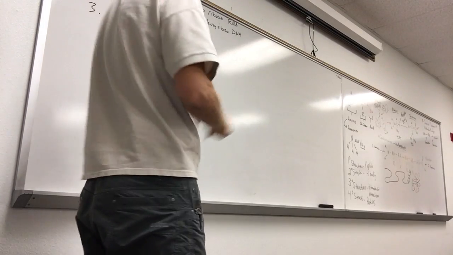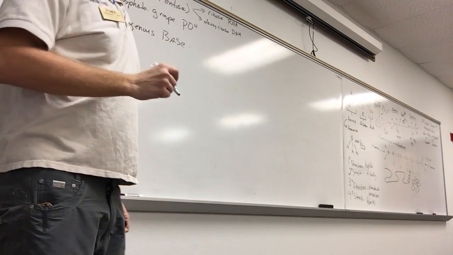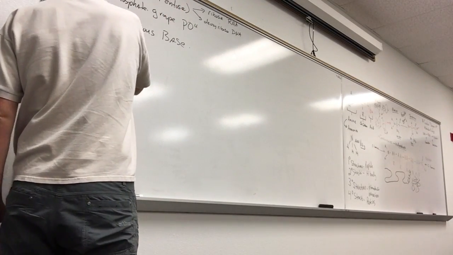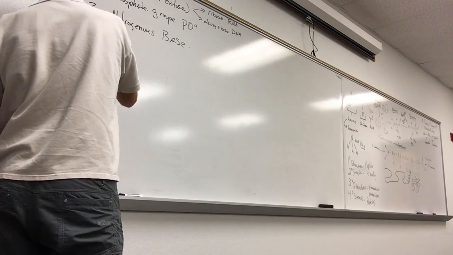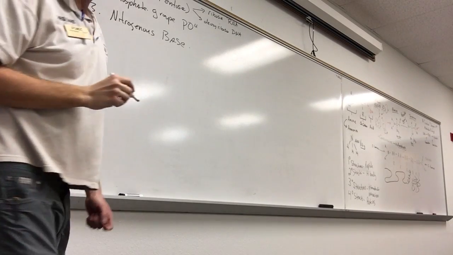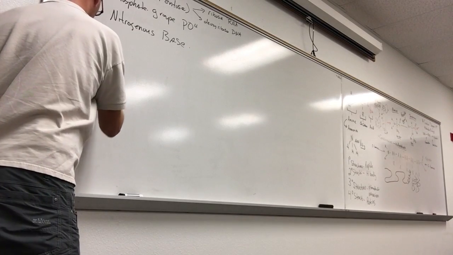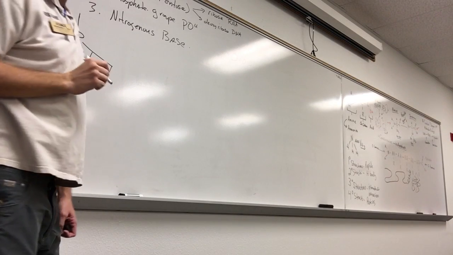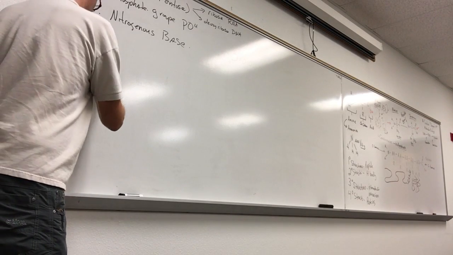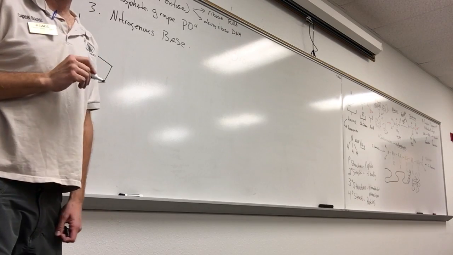And so, just to super simplify it, you're going to have something that kind of looks like this. Phosphorus, and then the phosphorus is going to be bound to your 5-carbon sugar, with oxygen coming off the end of it there.